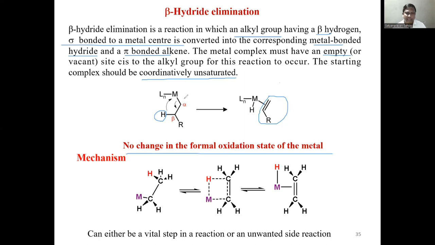For example, here the metal is in the +1 oxidation state. Here it is also +1. If you look at the mechanism of this beta hydrogen elimination, first from these metal alkyl complexes, you have a transition state in which the hydrogen is loosely bonded to the metal. These bonds are neither forming nor broken. Now we have an MH bond and this metal alkyl complex.